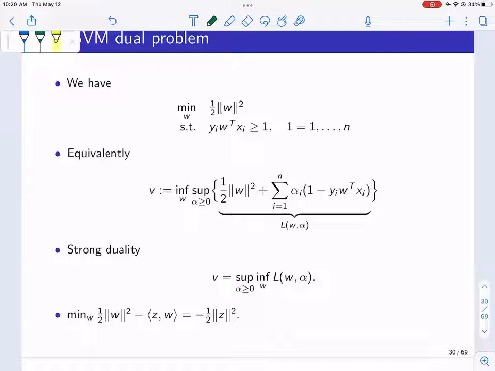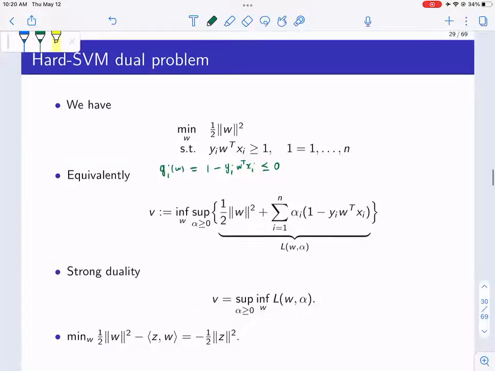The easiest way that I know to write the dual is this: if you have these inequality constraints, you try to write the problem in standard form. If you're minimizing a convex function, you usually write the constraints as a convex function less than or equal to 0. So gi of w is less than or equal to 0.